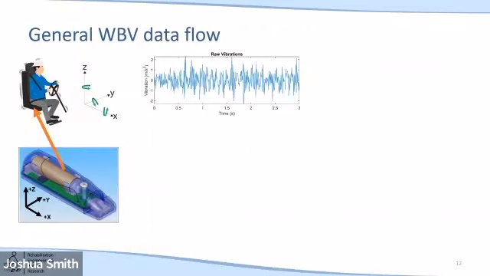But in general, ISO describes this data flow. So when you start wanting to assess whole body vibrations, you first start by taking an accelerometer, this chunky blue device in the bottom left corner, and placing it under the user on top of whatever interface is between them and the equipment that they're using. So whether you're hollowing out the cushion that they're sitting on or just placing it directly under them, you're measuring right at the interface.